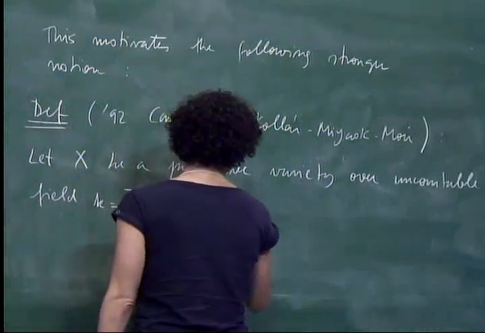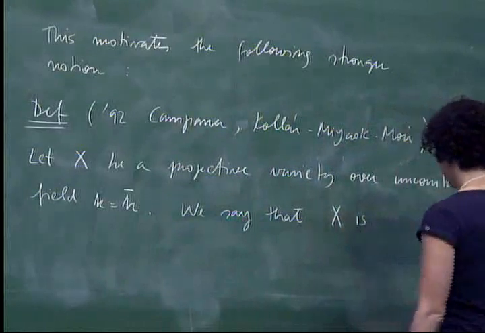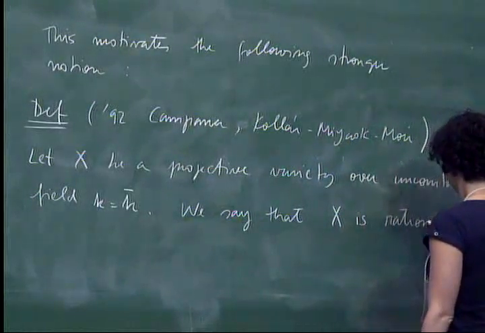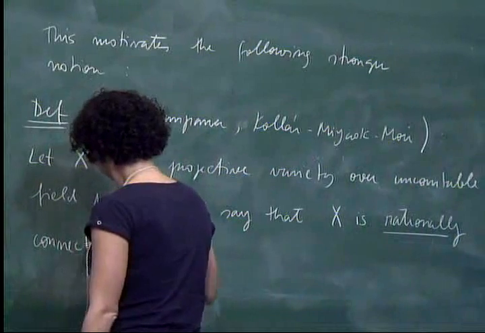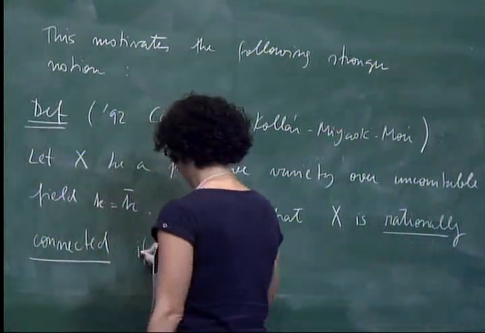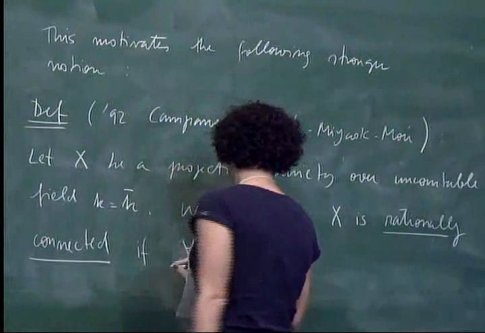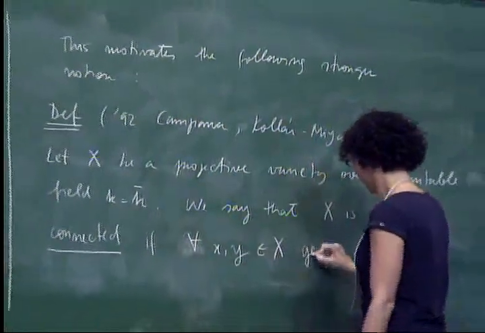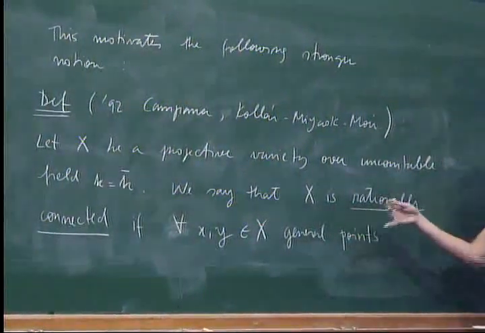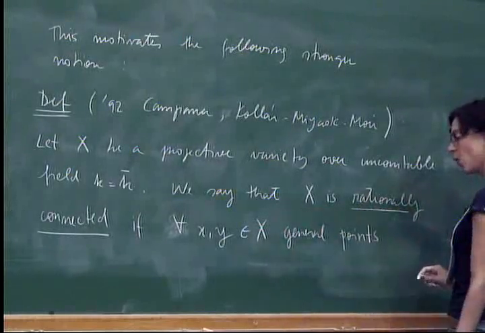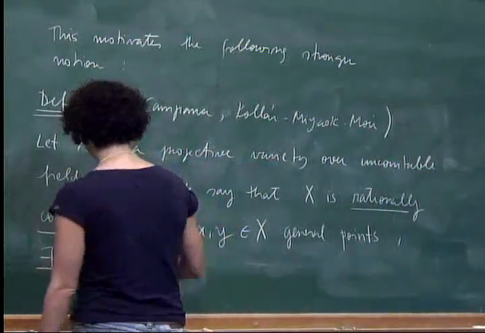And we say that X is rationally connected if for any 2 general points x and y in X, by general points I just mean points that are in some dense open subset of X, so for any 2 points in this open subset, there exists a rational curve connecting x and y.